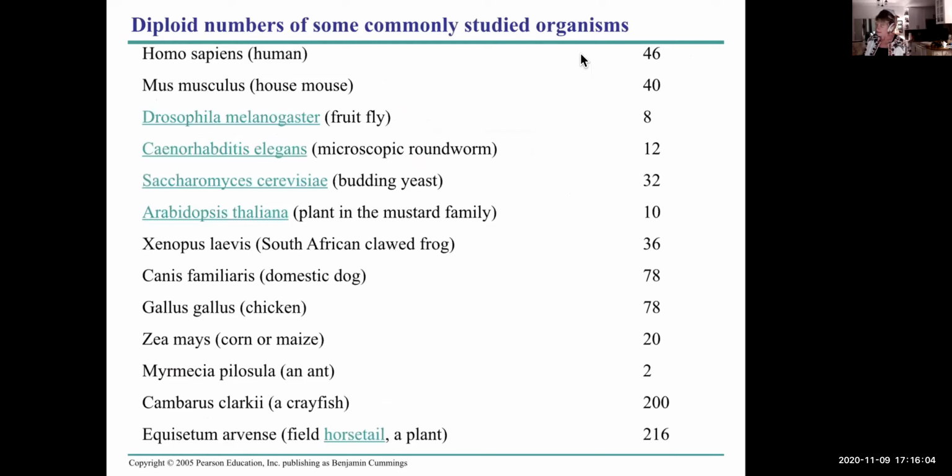So here are some commonly studied organisms. Humans have 46 chromosomes. We often look at mice and mouse genetics. The fruit fly has 8, and this animal here, C. elegans, a little roundworm, has 12. But what's interesting about these individuals is that they share about 40% of the same genes as humans.